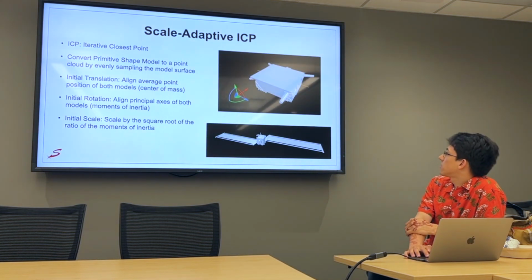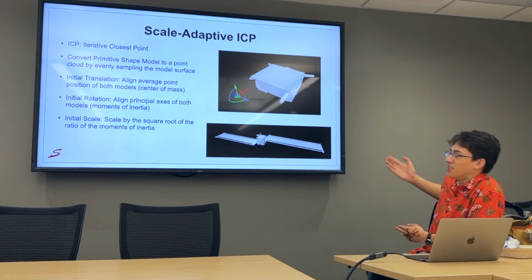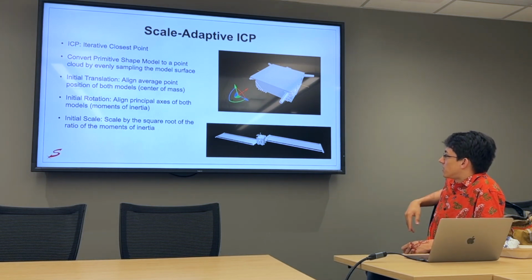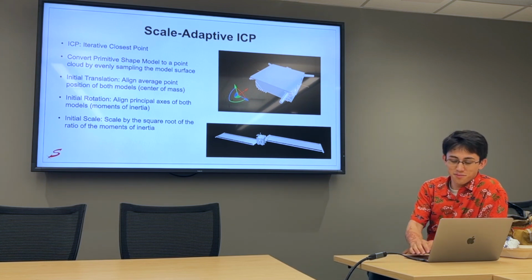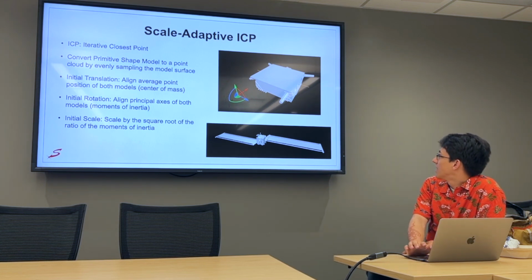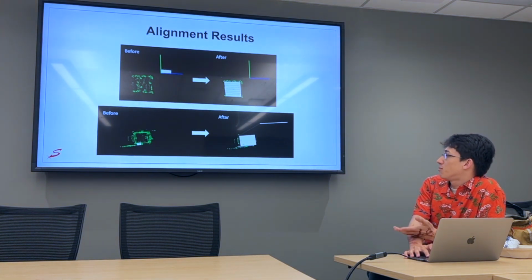I tested this on two different models. Top is the well-known, I'm sure you're all familiar, Tango. And the bottom is Dart, which I found on some NASA open source website. The results actually did pretty well, which was nice.